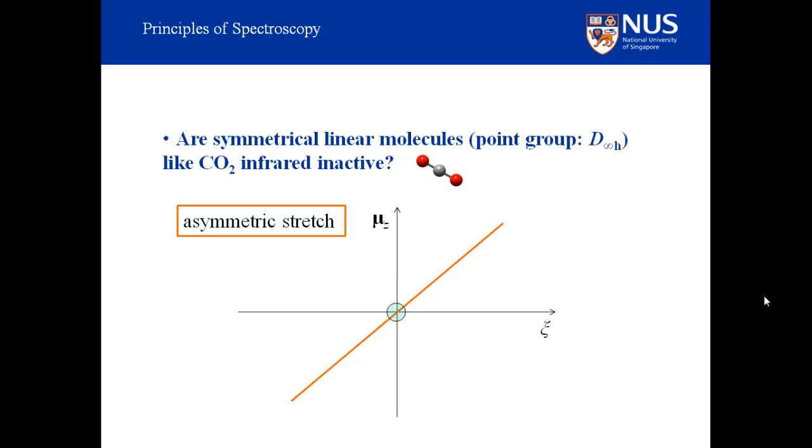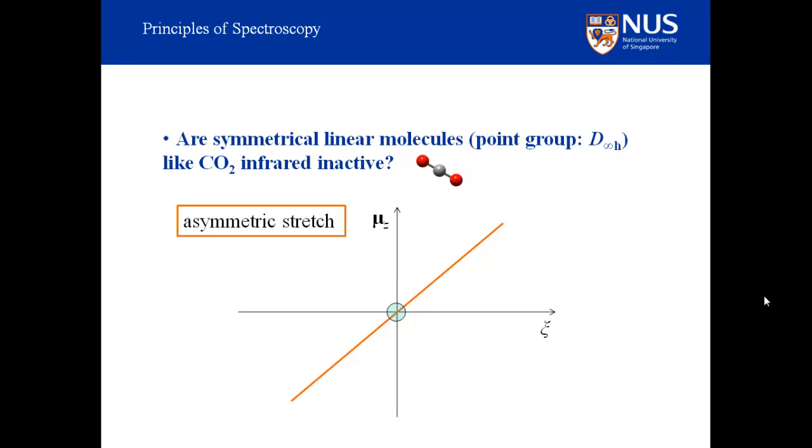If you look at the gradient of the dipole moment as you pass through the equilibrium position here, then you can see that the gradient is non-zero, and so therefore this asymmetric stretch does indeed absorb infrared radiation. We can excite vibrational transitions for asymmetric vibrations.